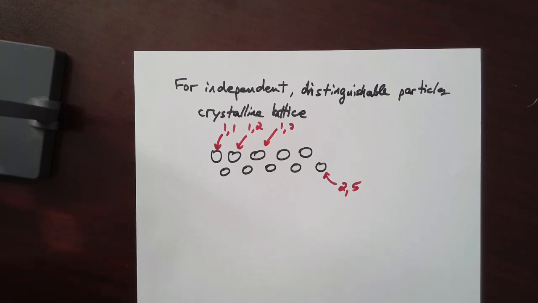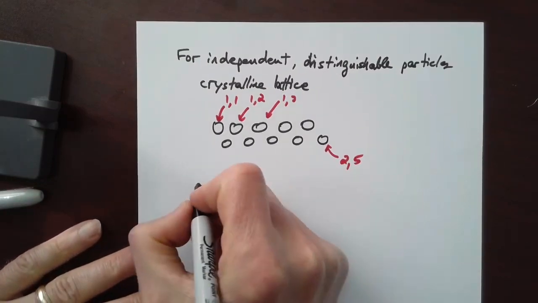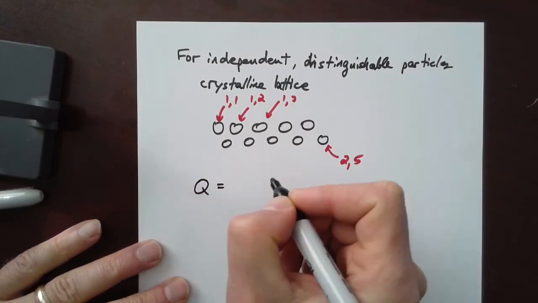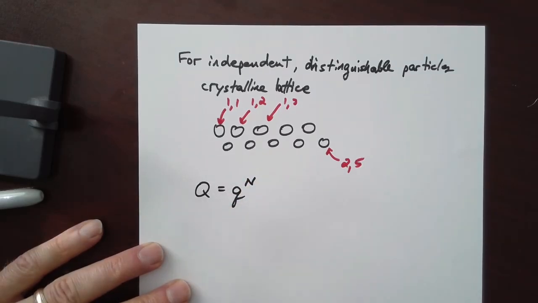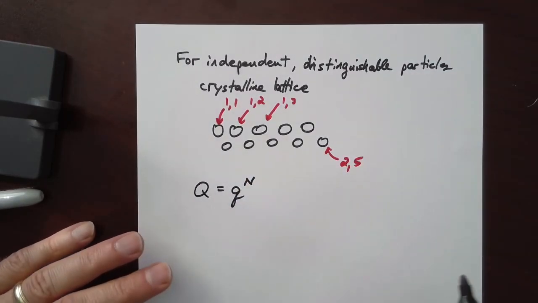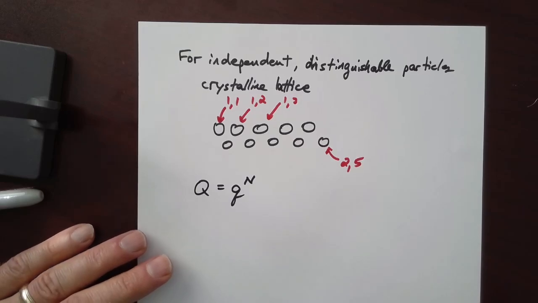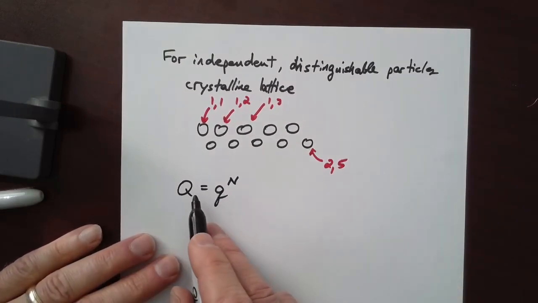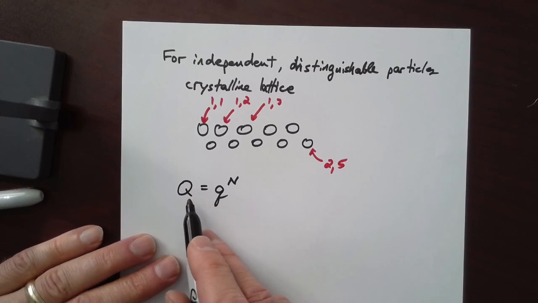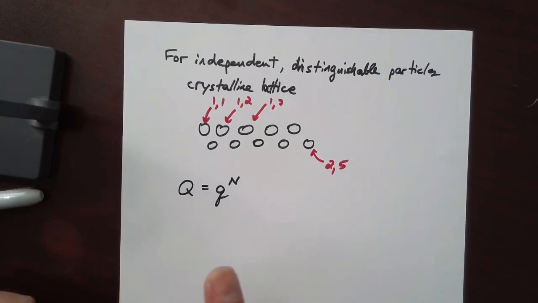Okay, so for this kind of system, the partition function, Q, is related to the molecular partition function, little q, as Q equals q to the N. The reason for this is because Q is a summation, right?